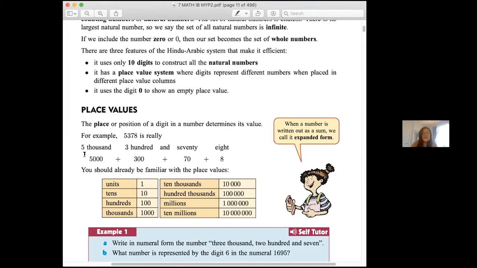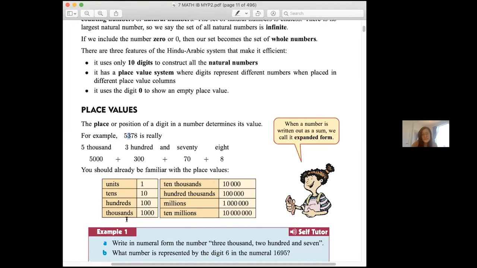Let's say this number, we write it as 5378, but we read it 5,378. The position of the 5, which is the fourth digit counting from the right, tells you the value is in thousands, so 5,000. Then 300, the third from the right, 70 for the second, which is the tens, and 8 is for the ones.